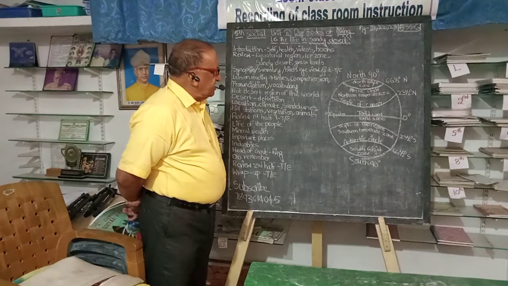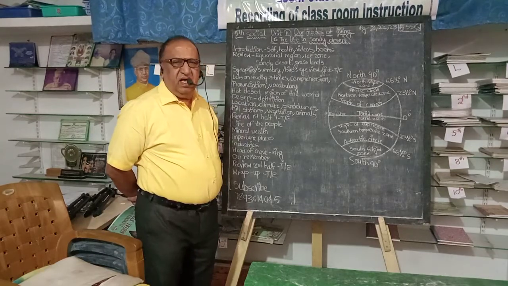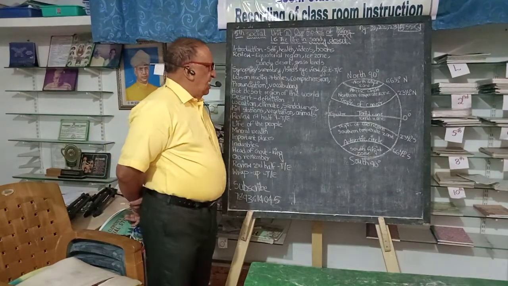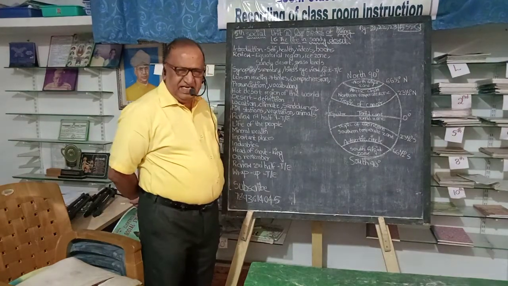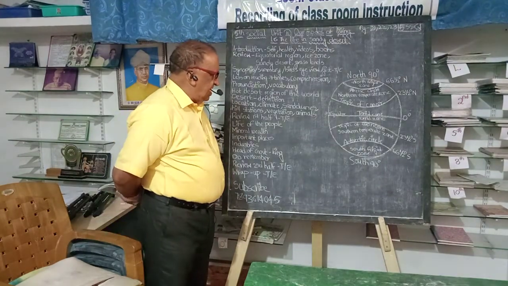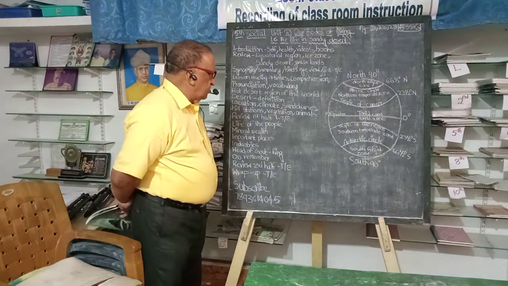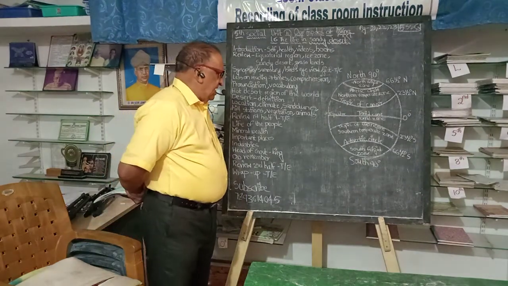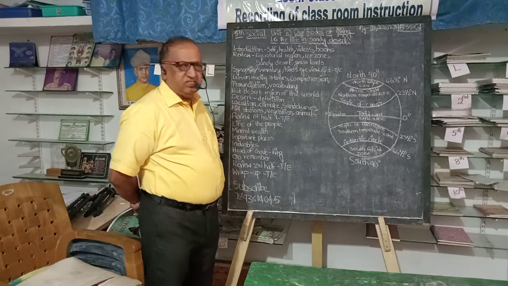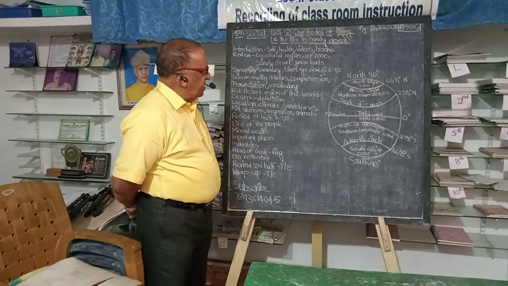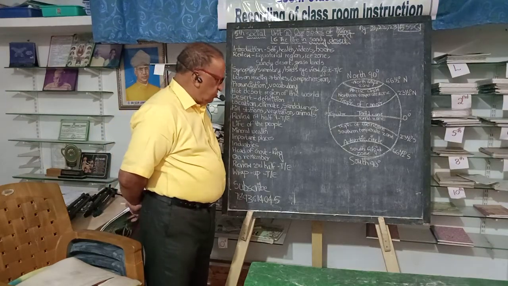Between the Arctic Circle, which is 66.5 degrees north, and Tropic of Cancer, that area, and similarly on the other side, 23.5 degrees south, Tropic of Capricorn and Antarctic Circle, that zone is called the temperate zone, and finally the last one is frigid zones.